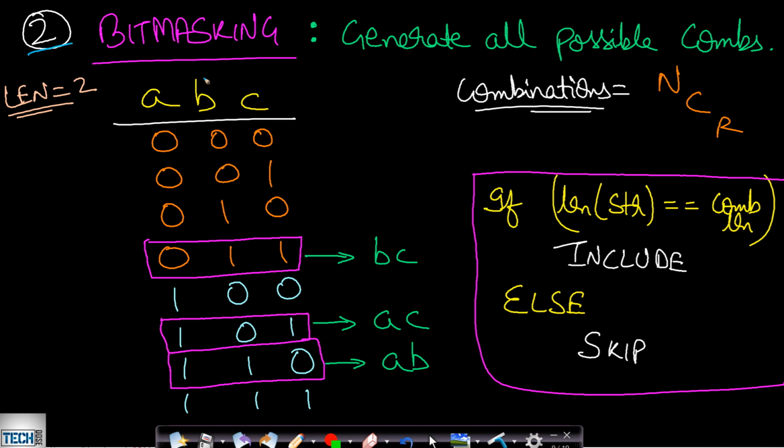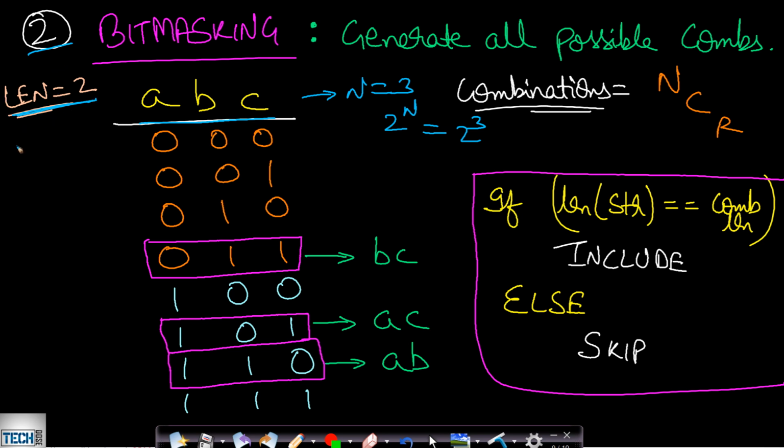Well, what we can do is, if we are given a string, in this case I had taken an example for ABC. So this is having n value, which is length equals to 3. Therefore total number of combinations will be 2 to the power n, which will be equal to 2 to the power 3. Okay. Now from this length, our combination length was equal to 2. So how many such strings can be possible?